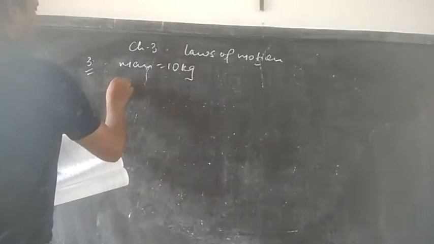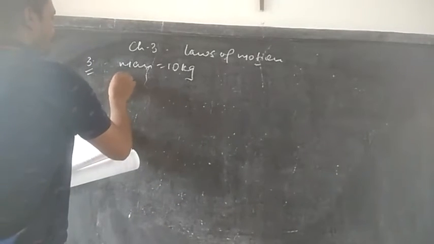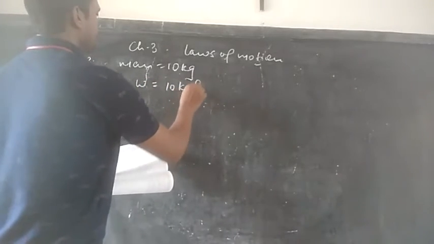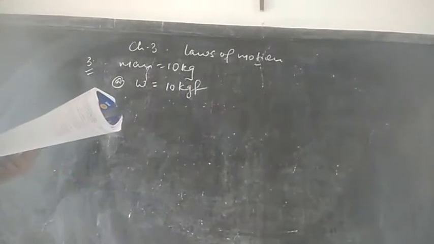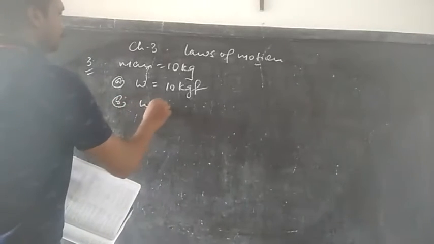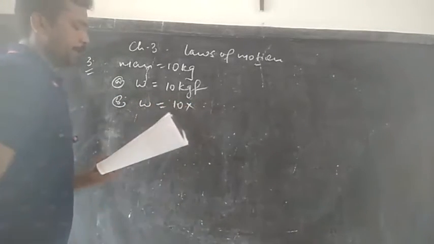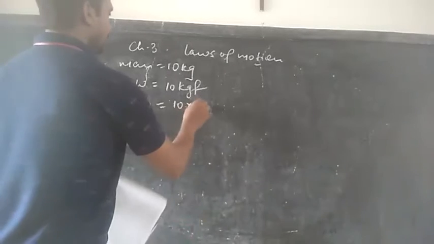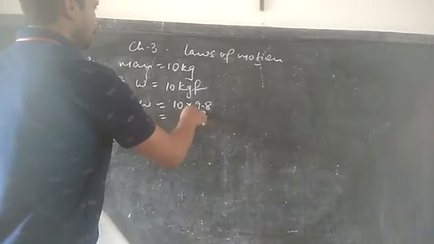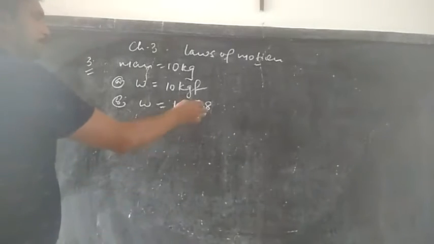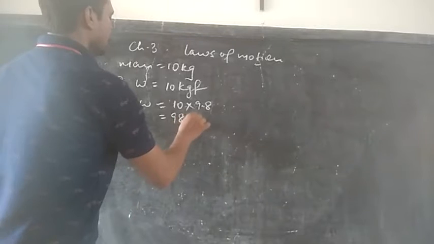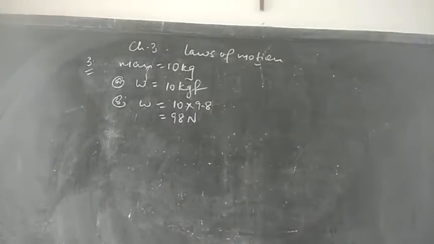The weight of the body in kgf will be 10 kgf itself. And the weight of the body in Newton can be 10 into 9.8, because acceleration due to gravity is given as 9.8, multiplied by 10 will be converted into Newton, so it becomes 98 Newton.